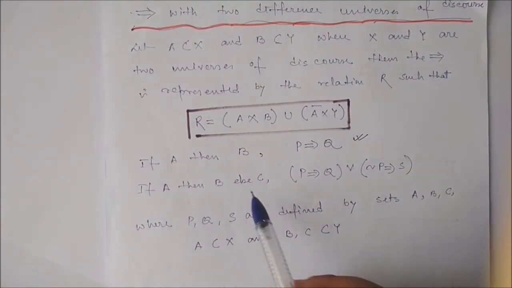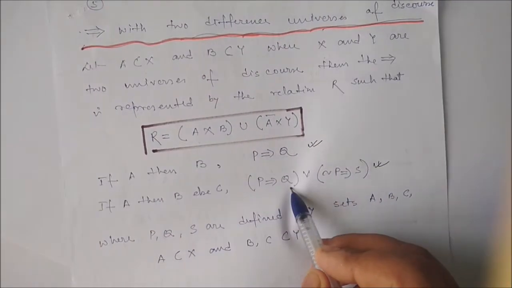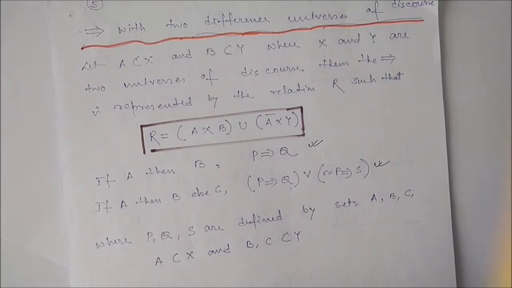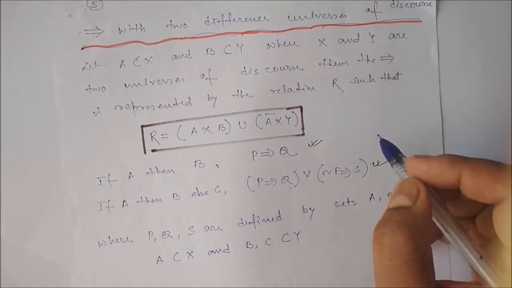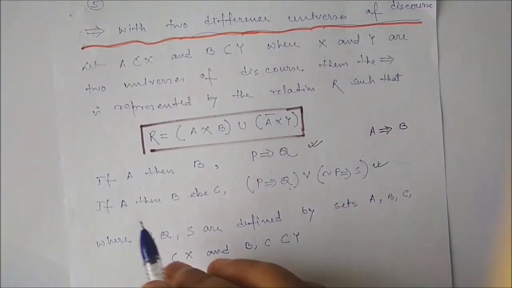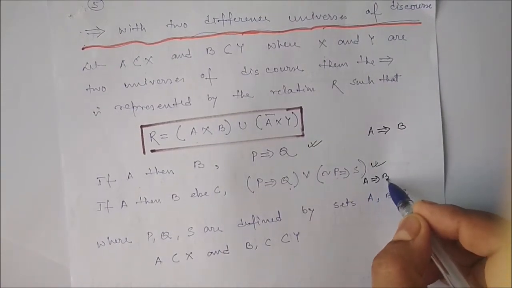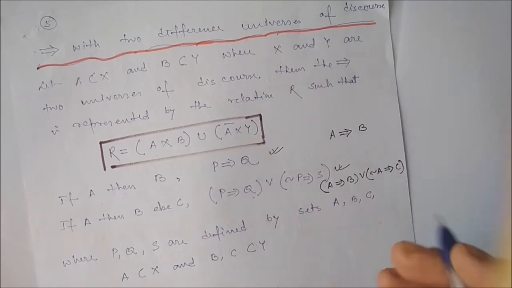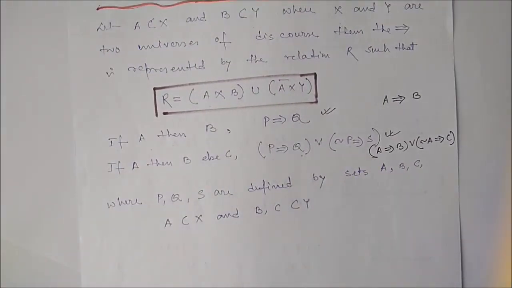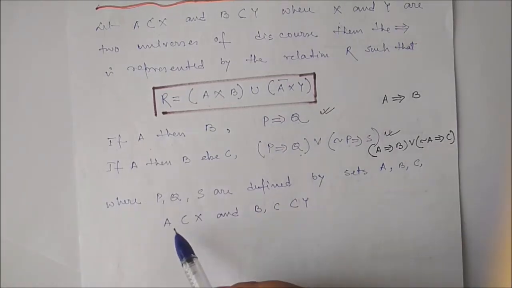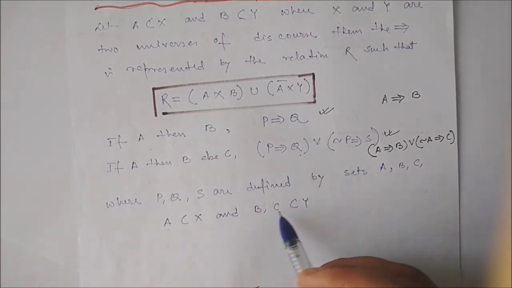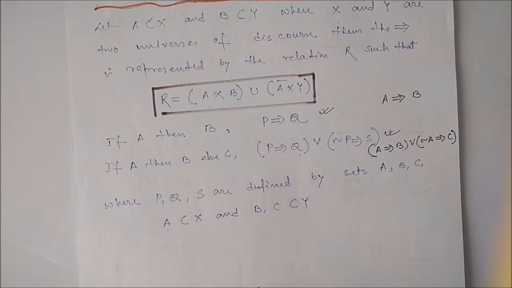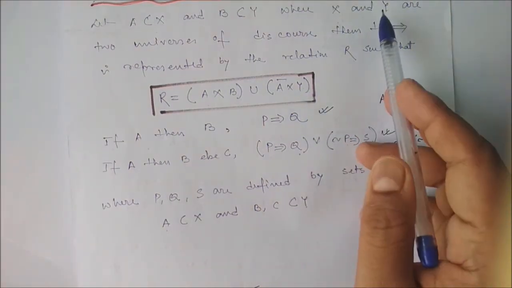For if A then B else C, we may use this: P implies Q if A is B, or else, if not P, then S, that is C. If A then B, or if not A, that means the else part, it should be C. So here P, Q, S are defined by sets A, B, C, where A is a proper subset of X, and B and C are both proper subsets of Y. Here Y is nothing but the universal set.